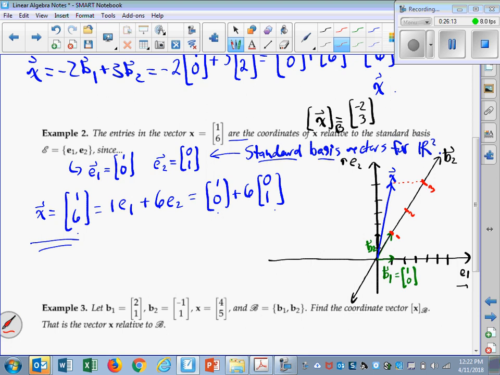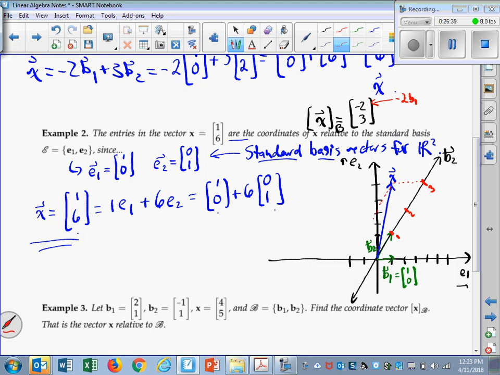Okay, so remember the b coordinates for x. This is negative 2 b1. So if we go down here to the b1 axis and go back 2, notice that when we draw a line down here, this is the amount of b2 that we need.